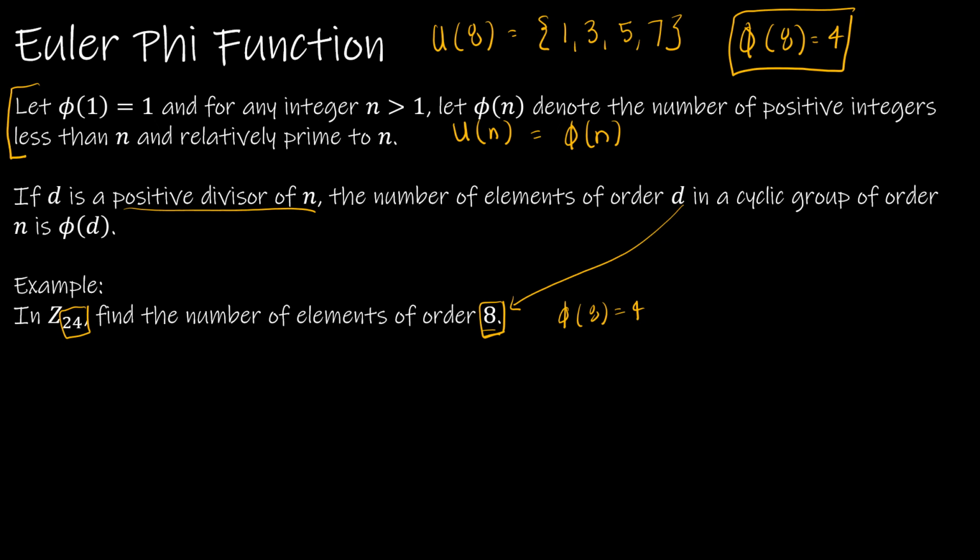No, it doesn't say how to find them, but we've done some work with Z24, and we found just moments ago that 3 would generate, and 9, and 15, and 21. Those are the 4 elements of order 8. So the elements themselves would obviously just be 3, 9, 15, and 21.